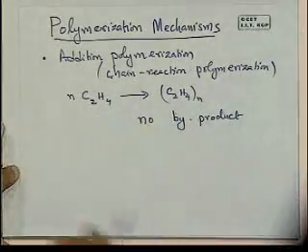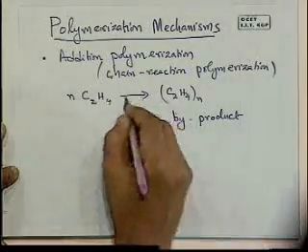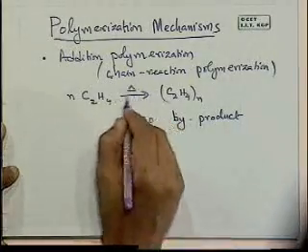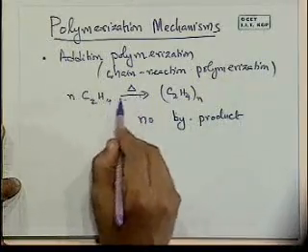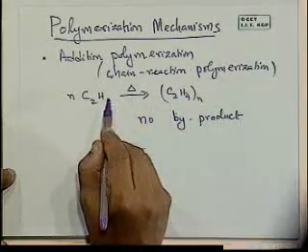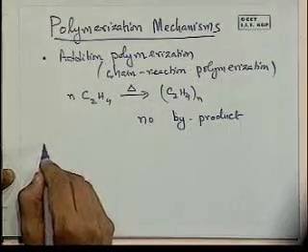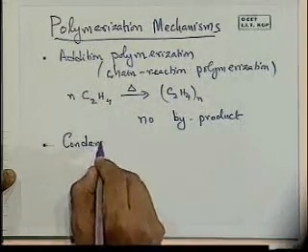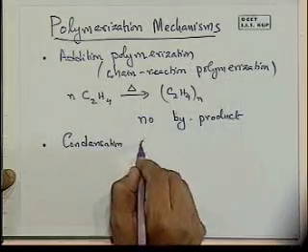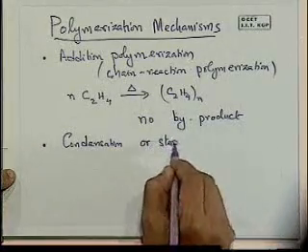There's nothing else that is formed over there. And some energy is required in some form, either in the form of heat or as a catalyst or something to initiate this reaction. The second mechanism is known as condensation or step reaction polymerization.